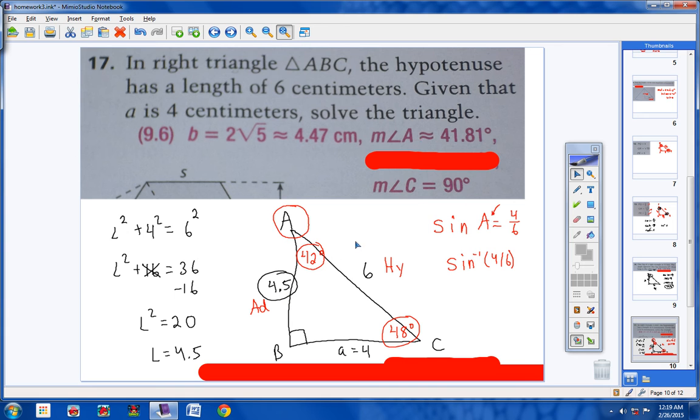One angle is 41 degrees and the other angle is, well, we know this is a right angle and they called their right angle C. I called it B. That's no big deal. One side we looked for 4.47, 4.5. Another angle is 41.8. I put 42. Their other angle is 48.1. I put 48. Okay, so all of this is correct.